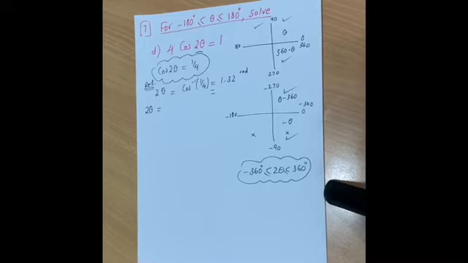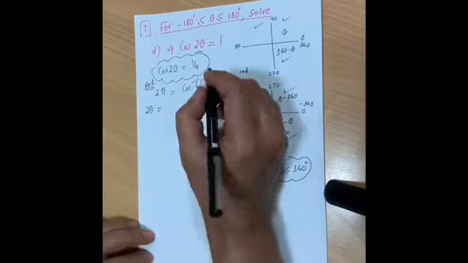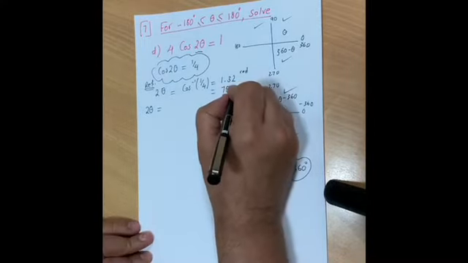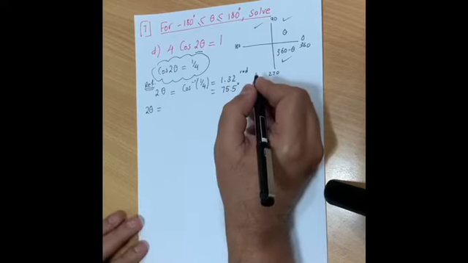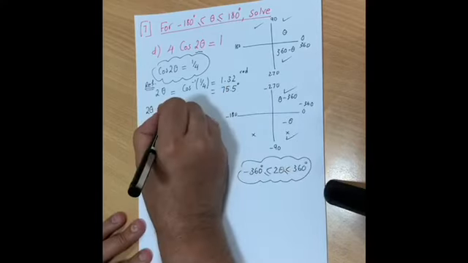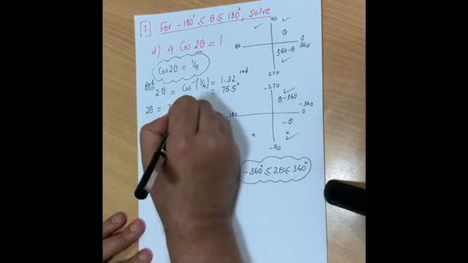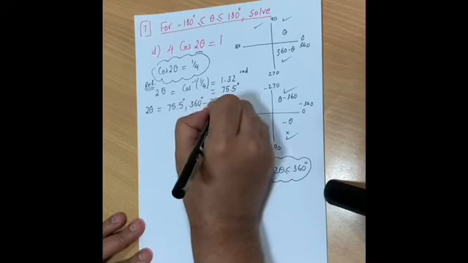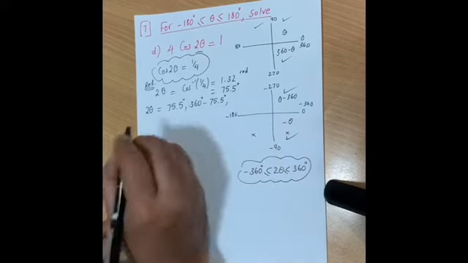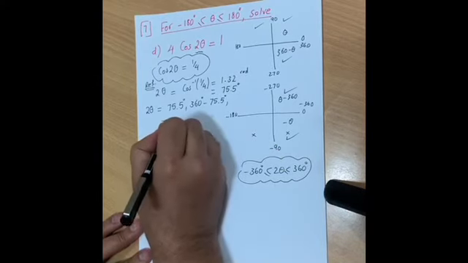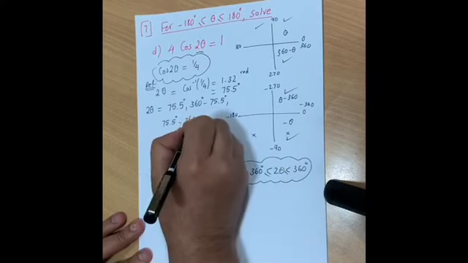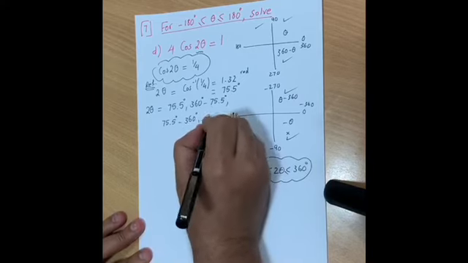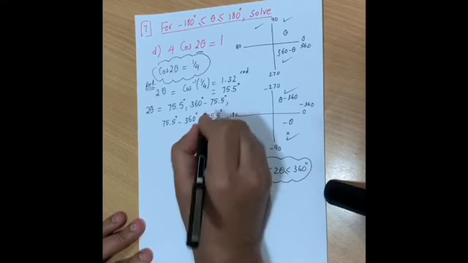Then the answer is 75.5 in degrees. So 2 theta equals 75.5, 360 minus 75.5, 75.5 minus 360, and negative 75.5.